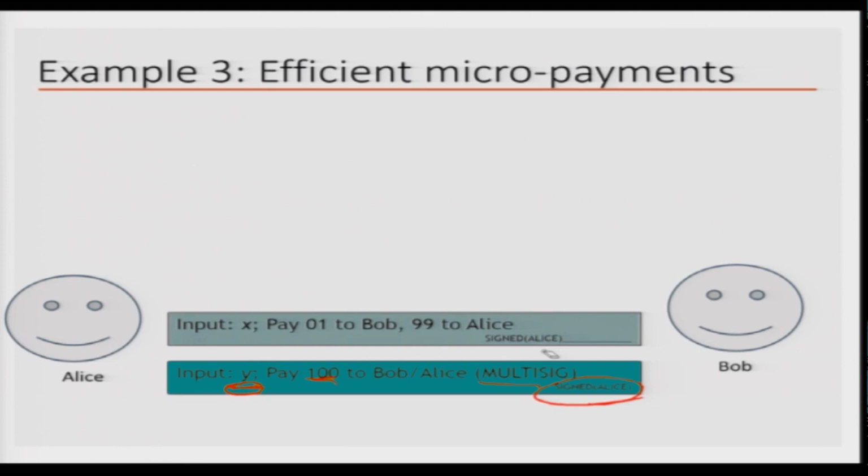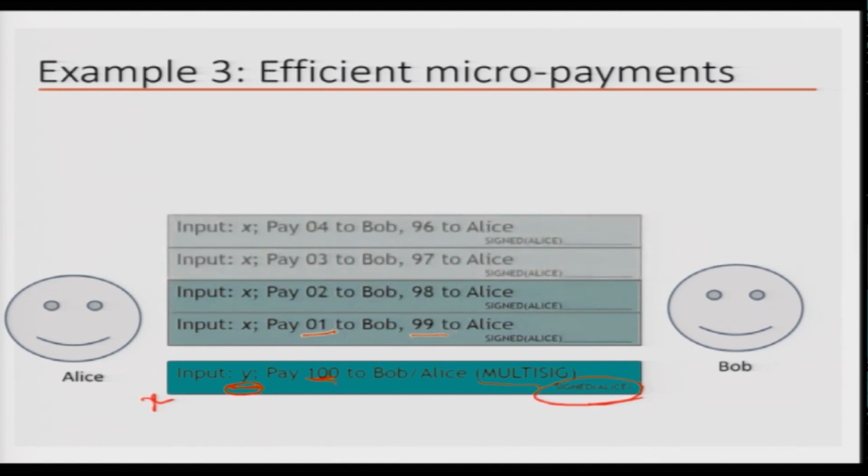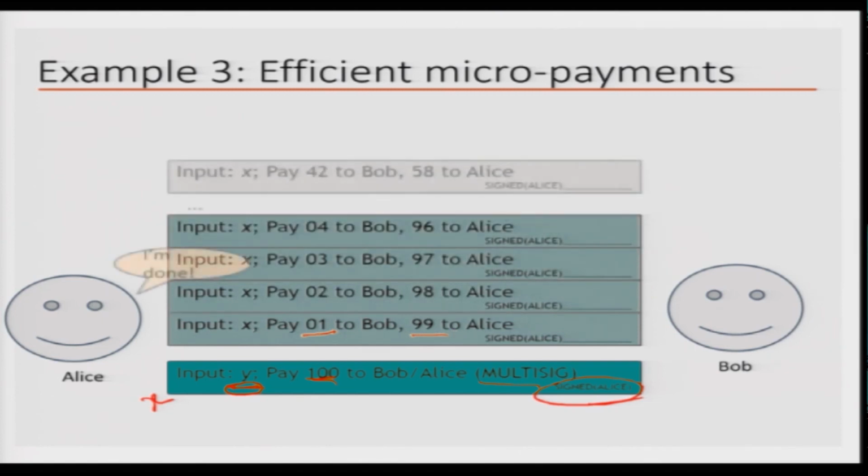So, now we are doing a number of double spends. So, this is your X transaction, and from this transaction you are redeeming it, although this transaction has not completed yet, with 1 to Bob and 99 to Alice, and then next minute you pay 2 to Bob, 98 to Alice, and so you are doing a lot of double spends.